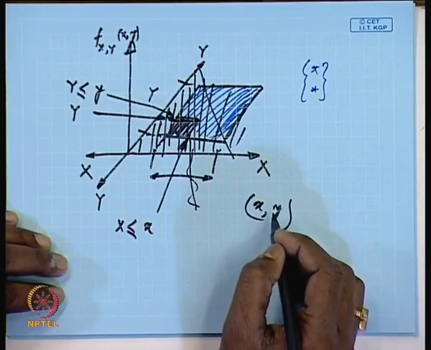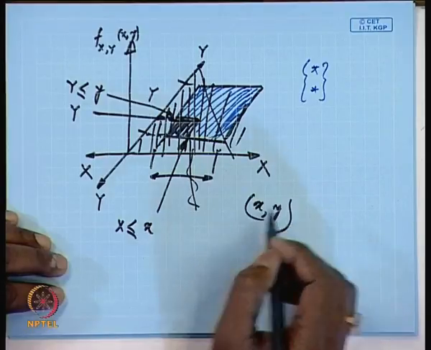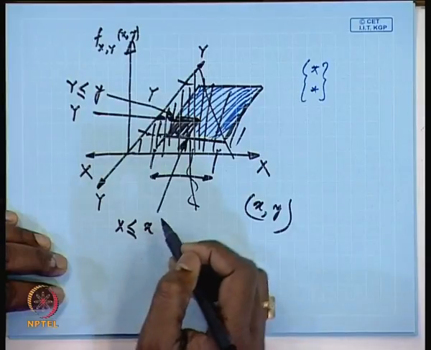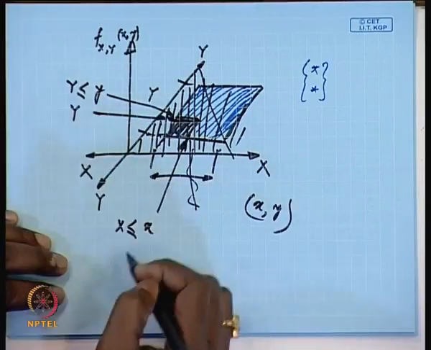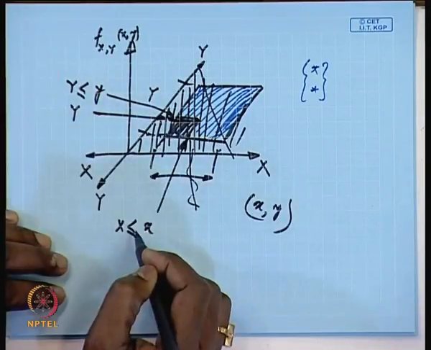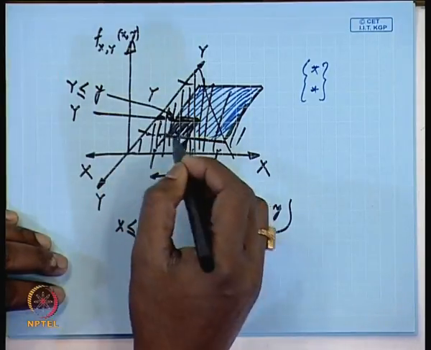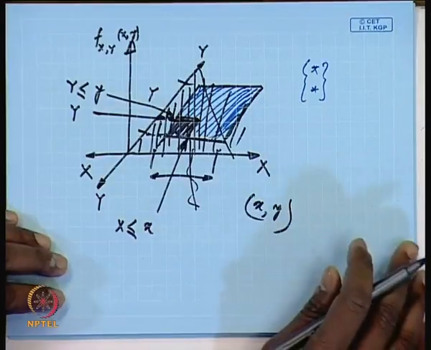So what I want to stress here is that the occurrence of both events is important. It is not either of these two, it is this as well as this. When both are satisfied, that is the basis for defining the cumulative distribution function.